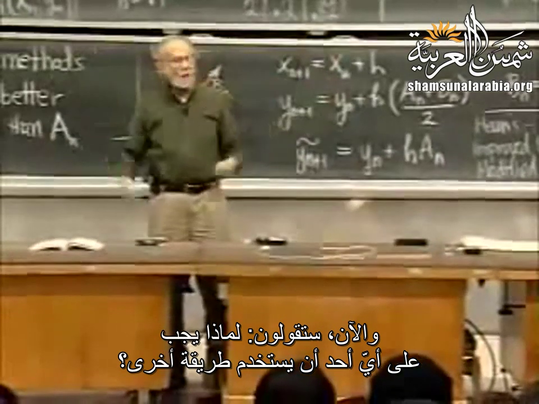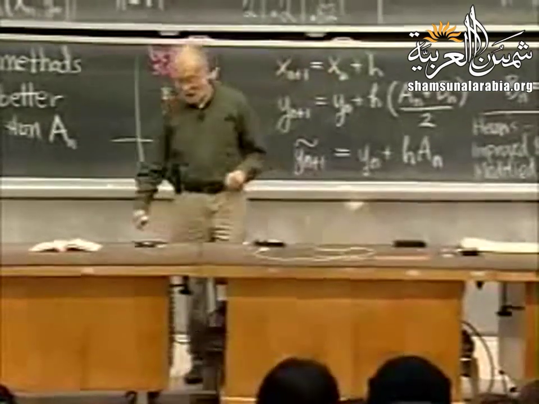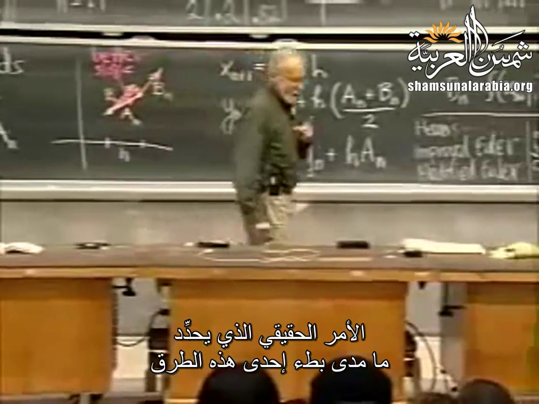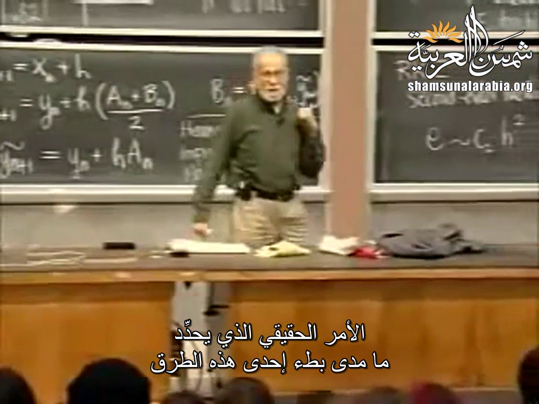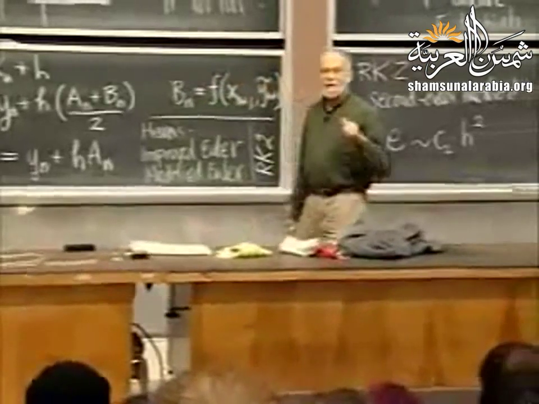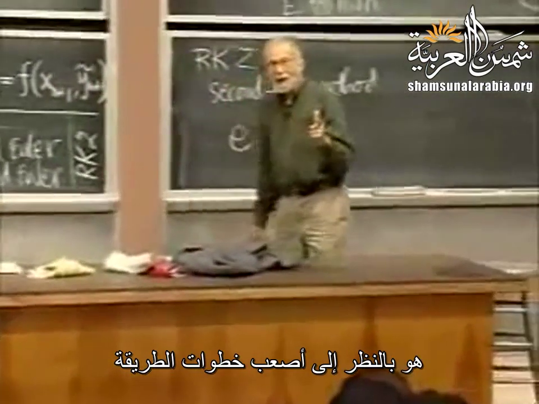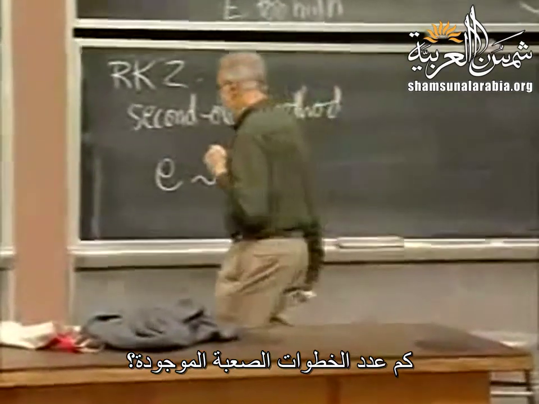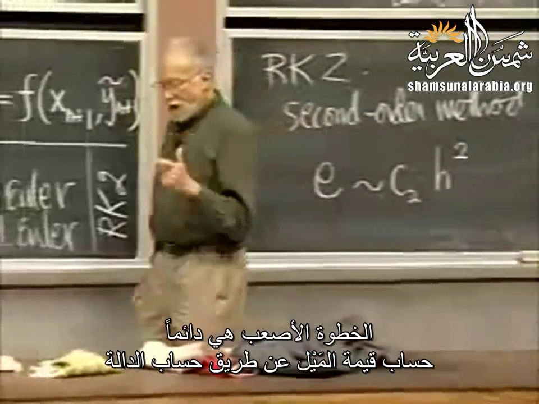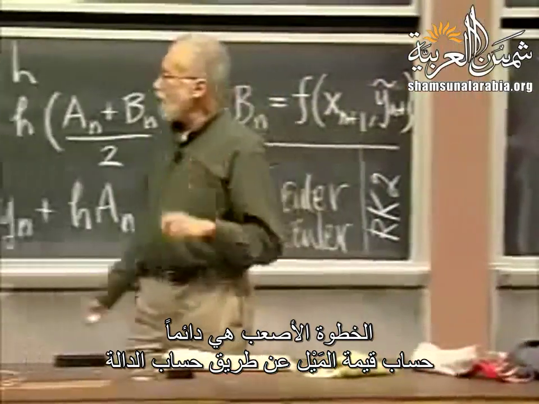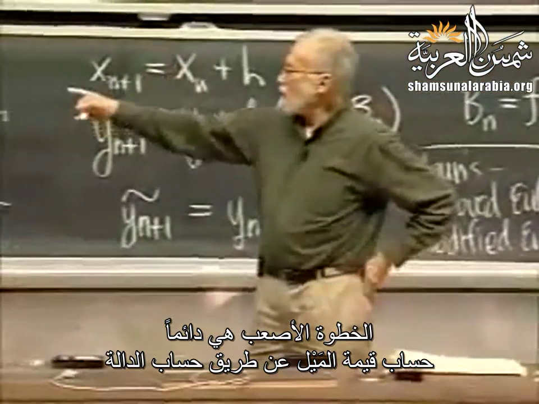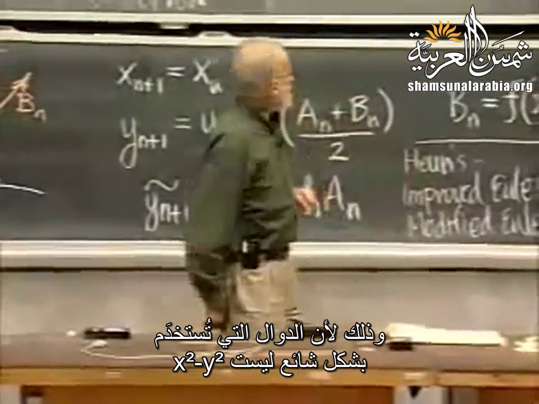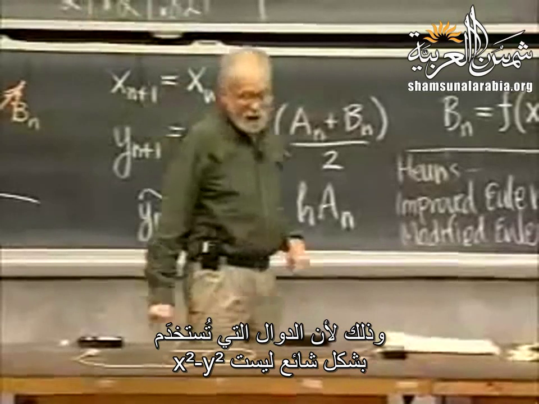Now, you say, hey, great, why should anyone use anything else? Well, think a second. The real thing which determines how slowly one of these methods runs is you look at the hardest step of the method and ask how long does the computer take, how many of those hardest steps are there. The hardest step is always the evaluation of the slope, the evaluation of the function. Because the functions in common use are not x squared minus y squared.